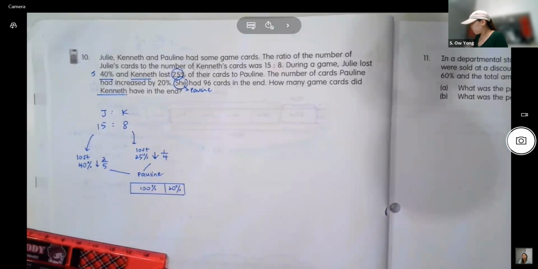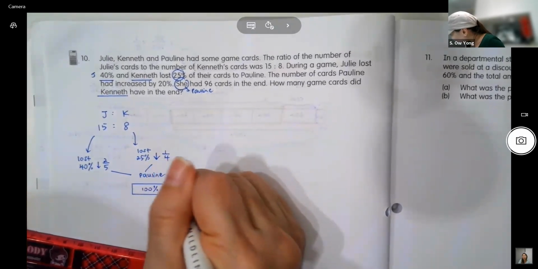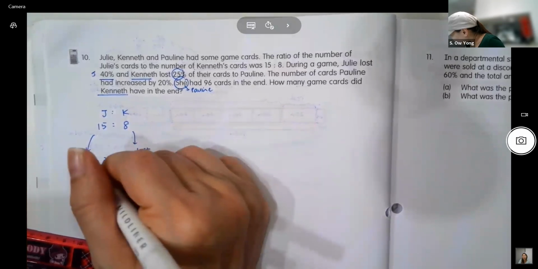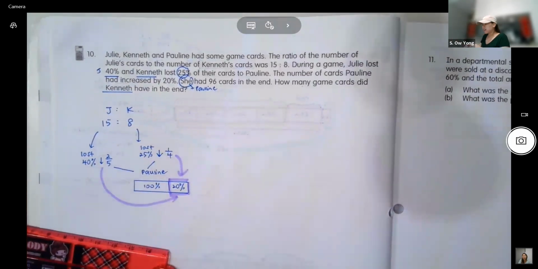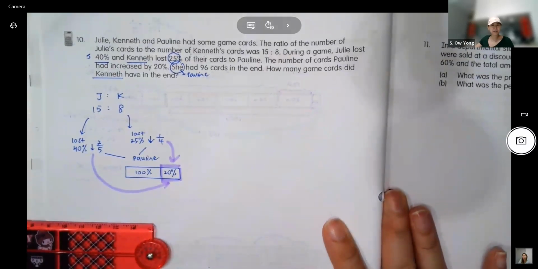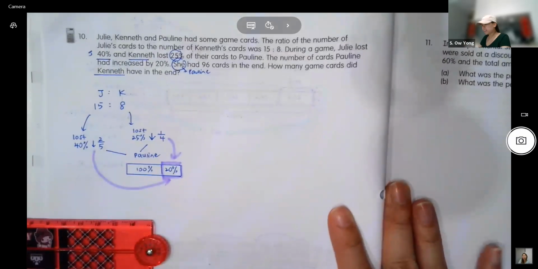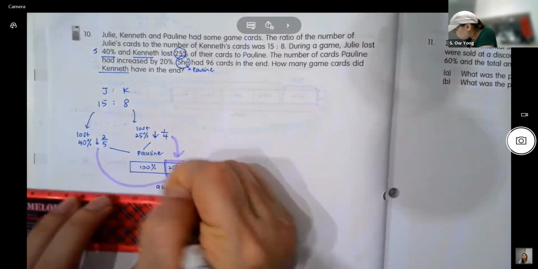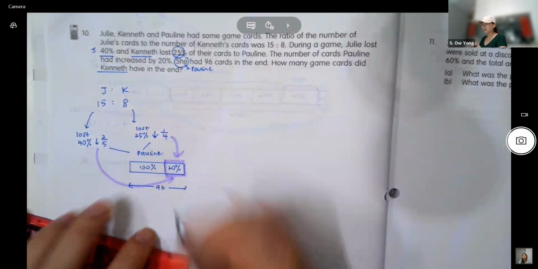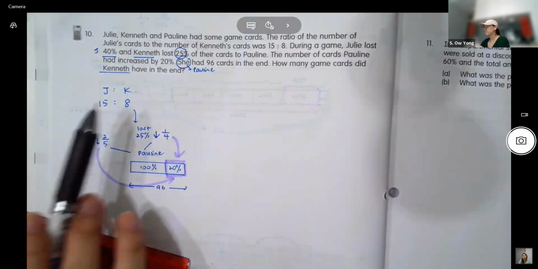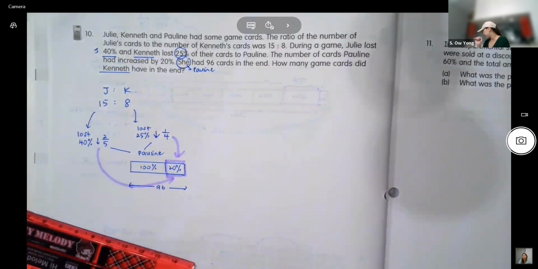Now, because she received all the cards from Kenneth and Julie, the number of cards increased by 20%. And she has 96 cards in the end. Okay, that's the story. And this is the hint. So they just want to ask you, how many cards they cannot have in the end?